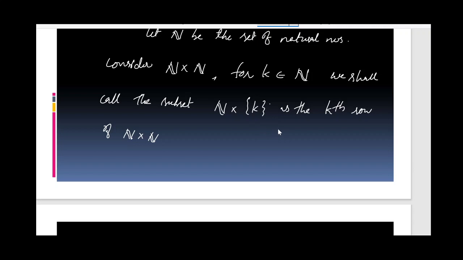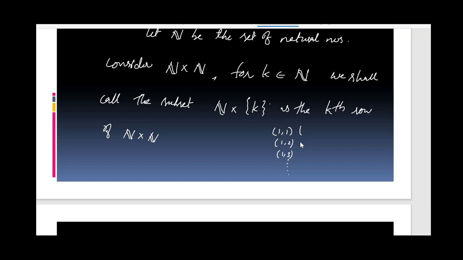First I am naming the elements: this is 1 1, then 1 2, 1 3, etc. Here 1 1, 1 2, 1 3.